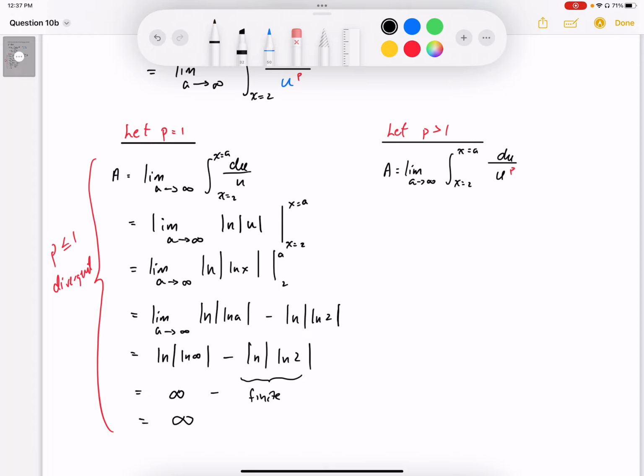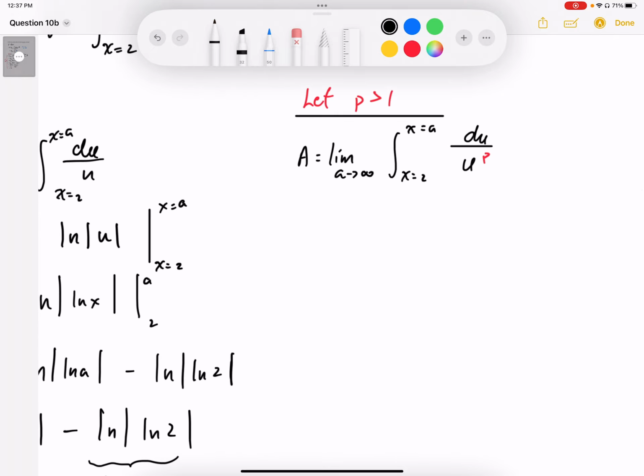So this becomes the limit as a approaches infinity. Using power rule, I get negative p plus 1, which I'm going to write as 1 minus p. So negative p plus 1 is the same as 1 minus p. Remember to divide by 1 minus p.